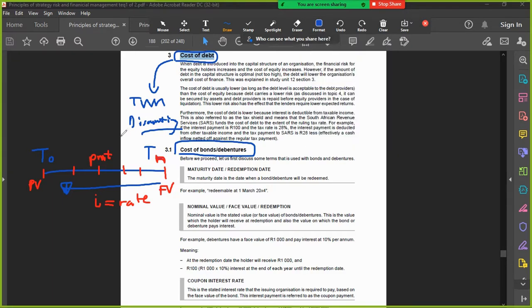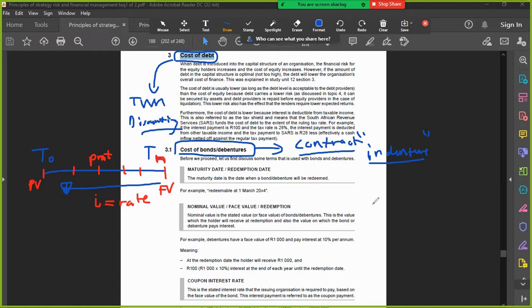When you look at time value of money, you know that there are 5 variables and they have to apply. If I'm looking at cost of bonds or debentures, this is a contract. They call it a bond indenture. It's just a fancy term for the contract that banks issue to help companies create these products.